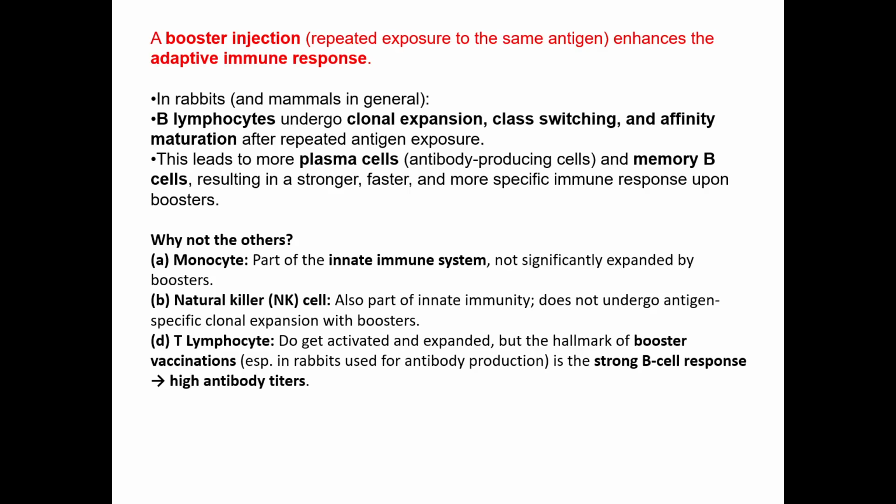And T lymphocytes do get activated, but however, the hallmark of booster vaccination is to produce more antibodies. So B cells are the ones which are responsible for production of antibodies. So strong B cell response and high antibody titers are seen when you have booster doses.